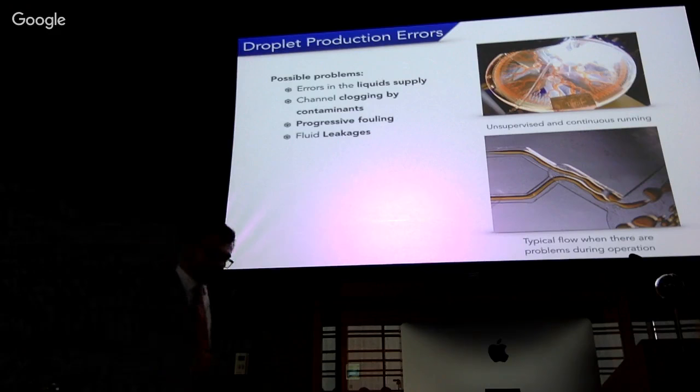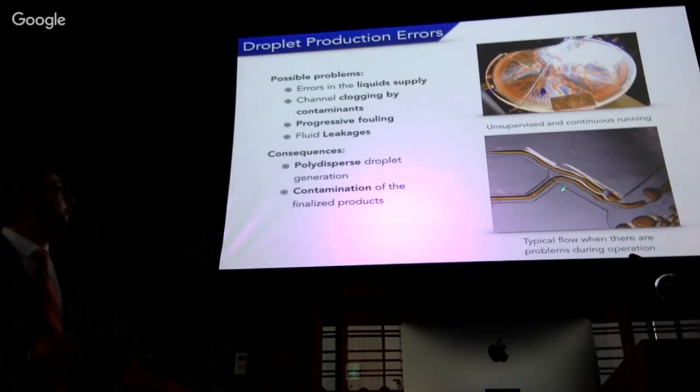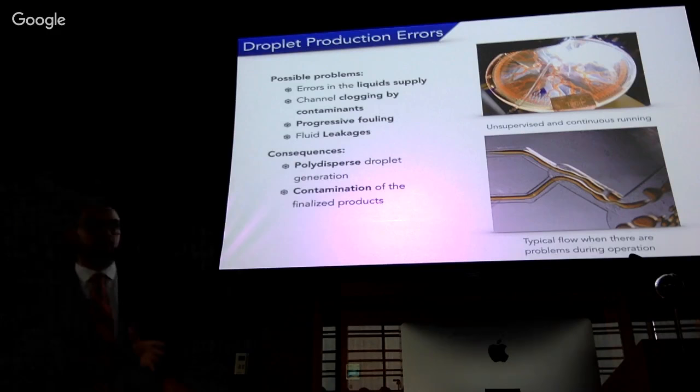The implication of these errors is that you generate polydisperse output, and this output will contaminate the production that you made before. You don't want to contaminate your finalized products.